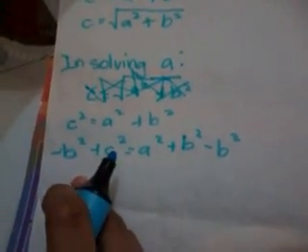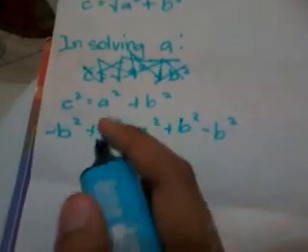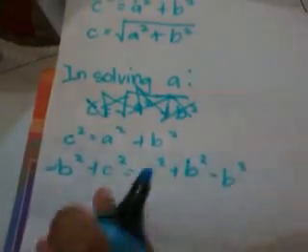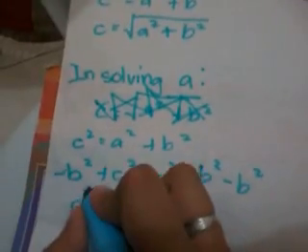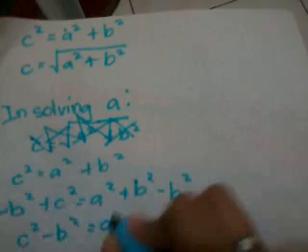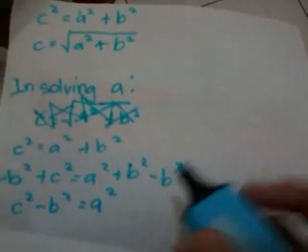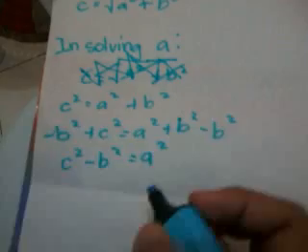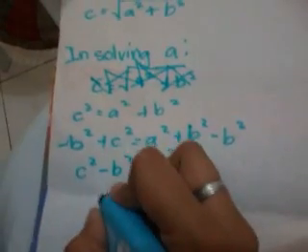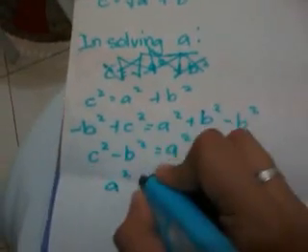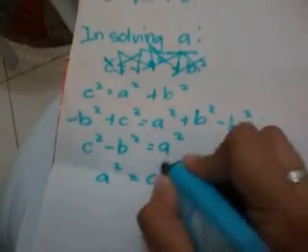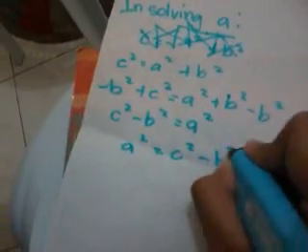So that you will not be confused, we will just exchange this: C squared minus B squared is equal to A squared, because positive B squared minus B squared is equal to 0. So A squared is equal to C squared minus B squared.